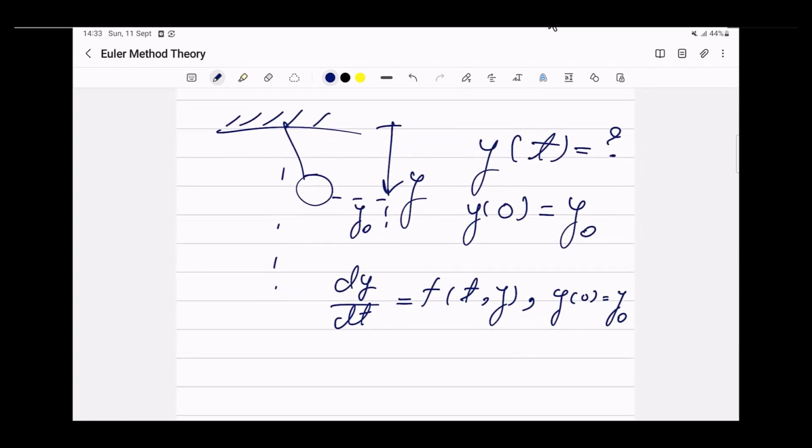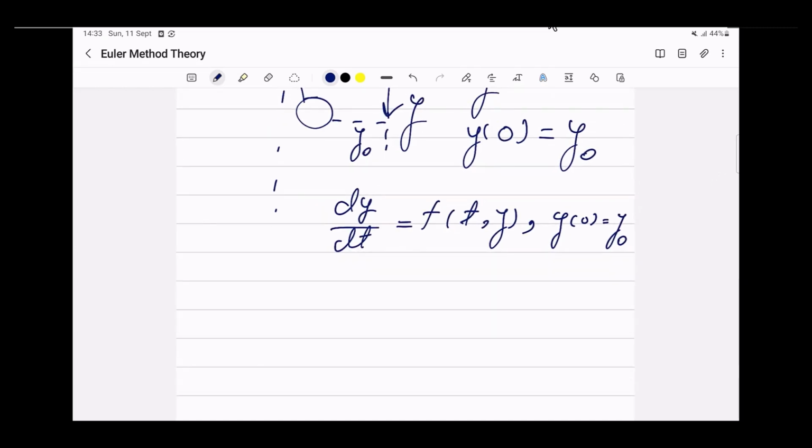Now, the Euler method provides us with a way in order to solve this equation. Let me give a warning before going to the next part. Note that in Euler's method we are trying to discretely solve the differential equation, so it's basically an approximation to the result. Let's say this pendulum has a solution, let me write it down. This is the y-axis, this is the t-axis, the time.